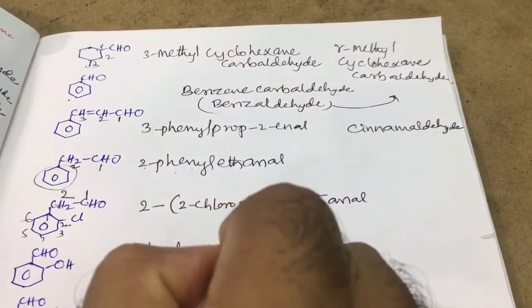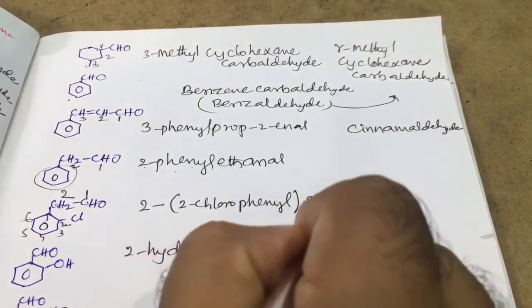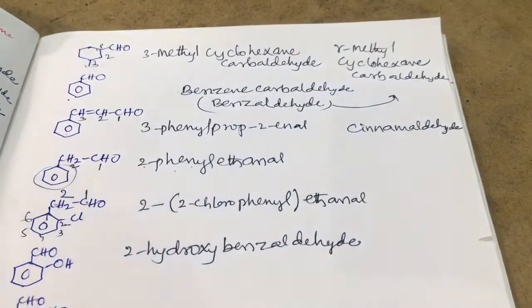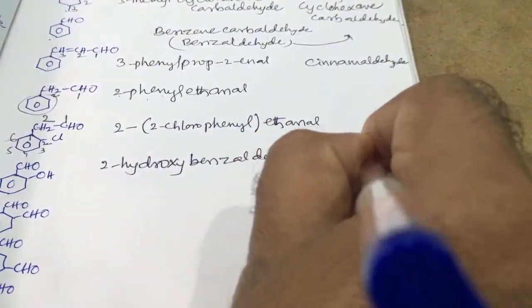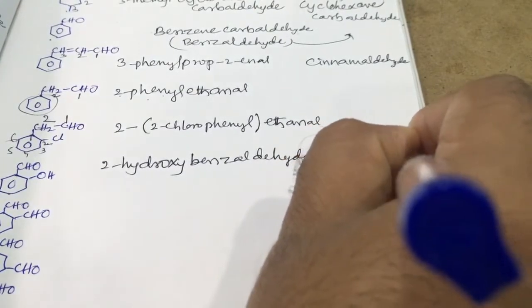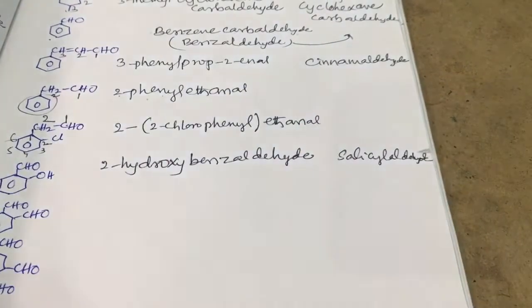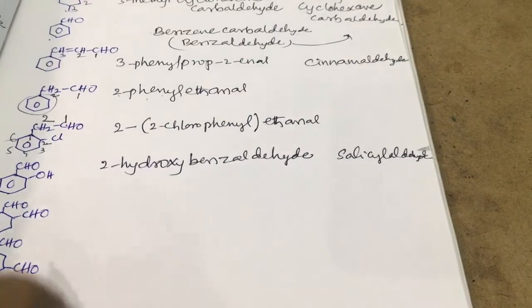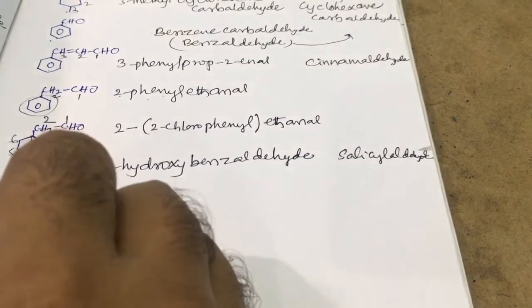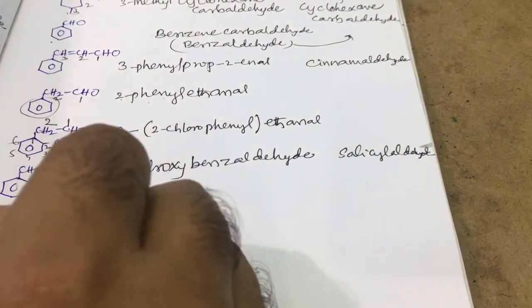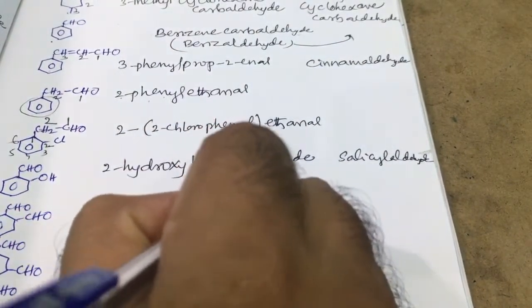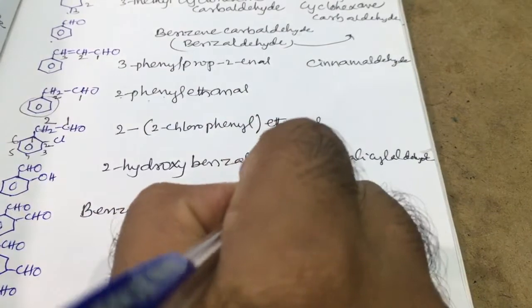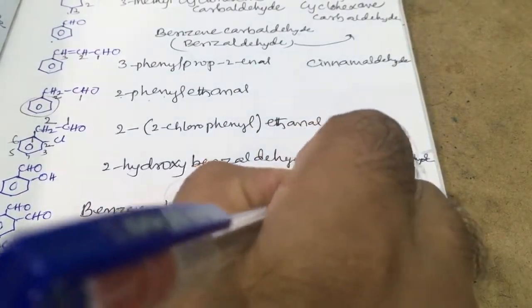You can write benzaldehyde or benzene carbaldehyde also. The common name we know is salicylaldehyde. This is benzene 1,2-dicarbaldehyde.